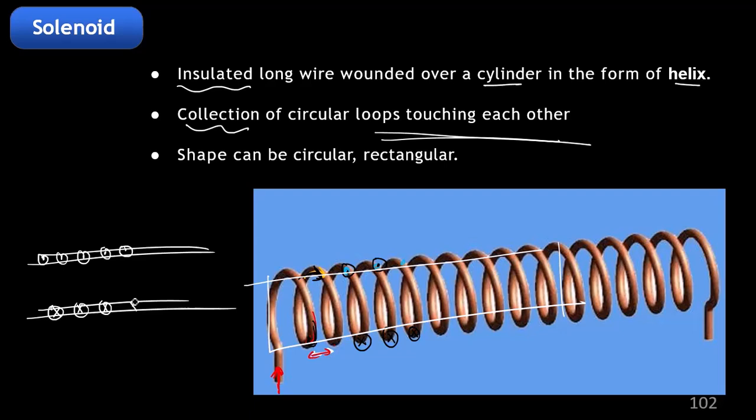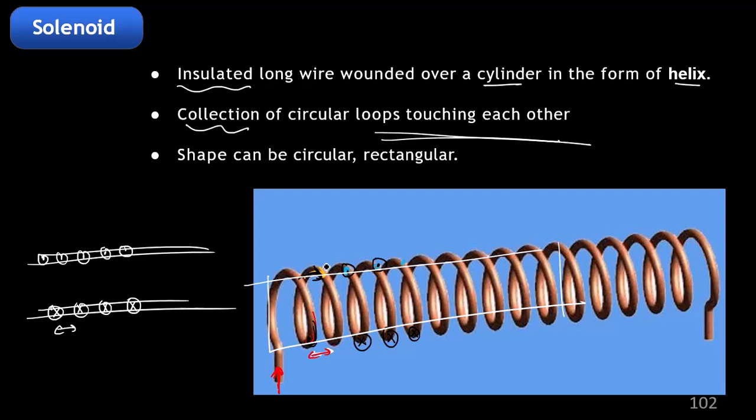So this is the cross section of the solenoid that I want to see. The gap between these two crosses is very, very small. Either the lower part is cross or the upper part is cross, but these two directions must be different from each other, because current is going into the plane of paper and then moving out of the plane. So these two directions must be opposite to each other.